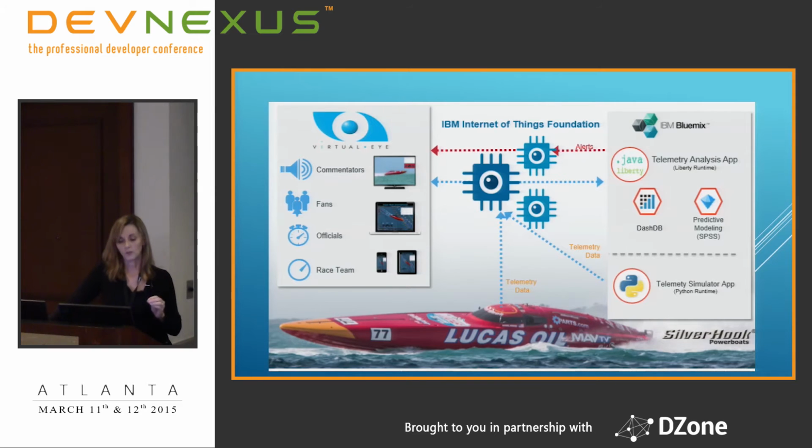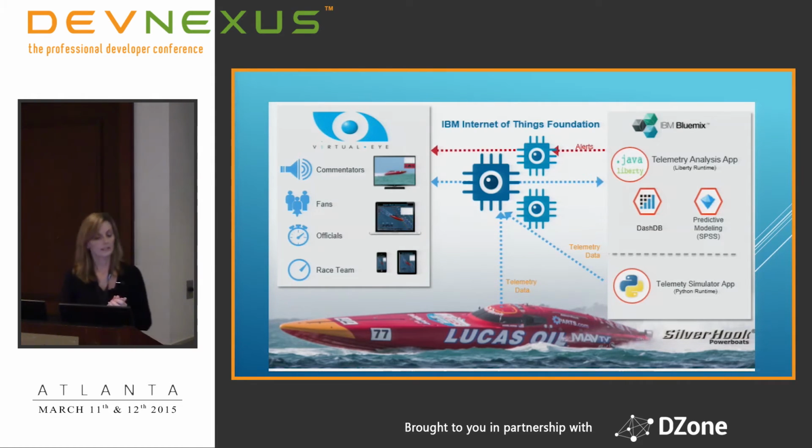So here's the solution. Basically, they took Silverhook's telemetry application, and they got a lot of different information from the boat, and they even monitored the health of the driver. The application was built upon multiple Bluemix capabilities, including the Internet of Things, a DashDB database, and scoring.